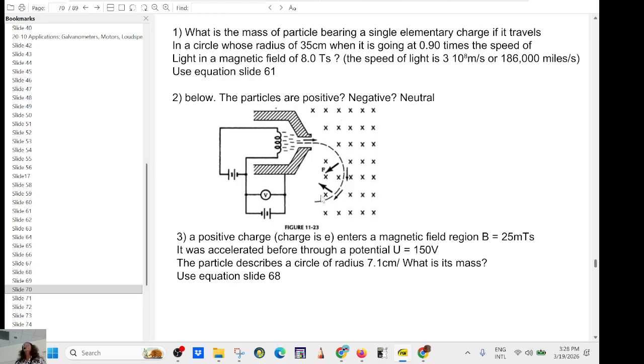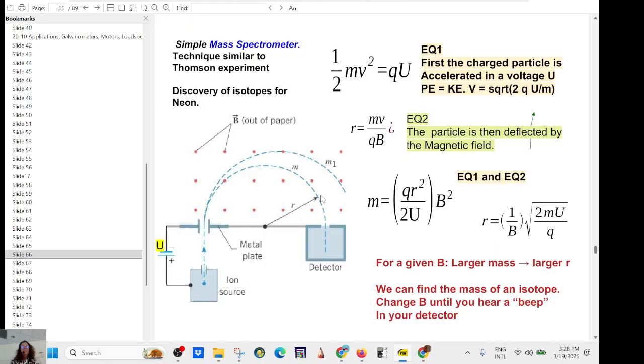Any questions? If you go back to slide 66, that's a mass spectrometer. Again, you apply a voltage, so the charged particle will have potential energy going into kinetic energy. Then the magnetic field will steer them, will bend them.